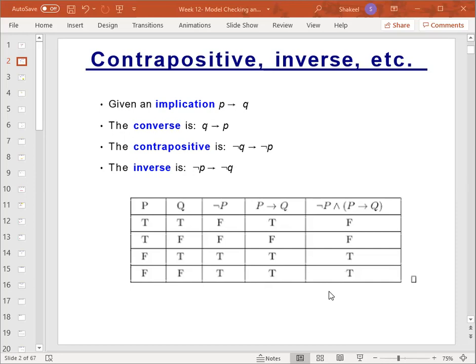Just to reiterate, the implication is false only when we have true implies false. When we have true implies false, then we have a false value of P implies Q, so it's going to be false here, and for the rest it's true. Then not Q implies not P, where you negate this element here and this element here.